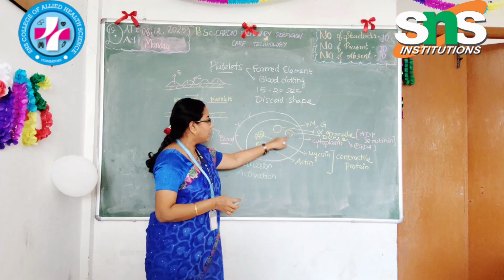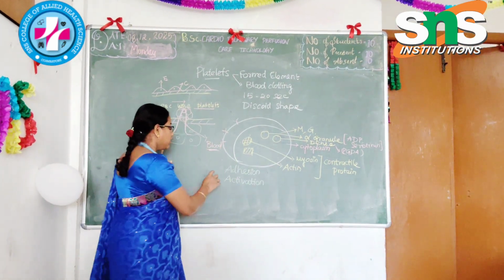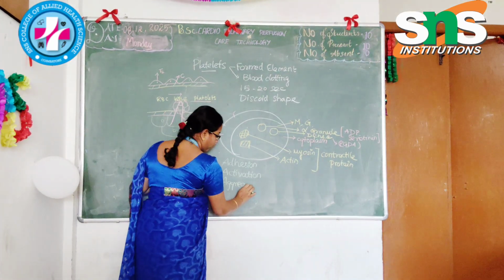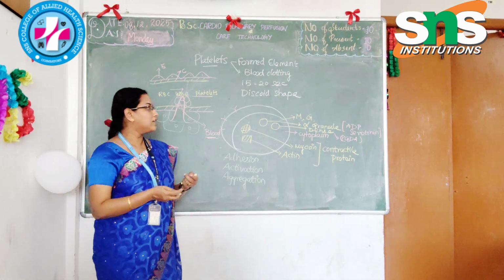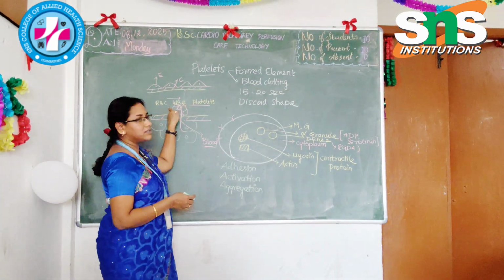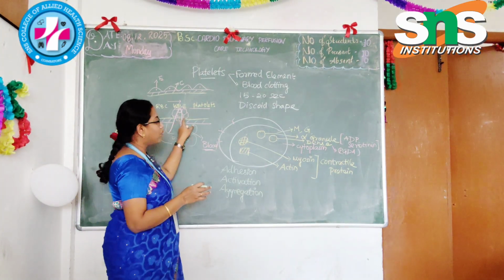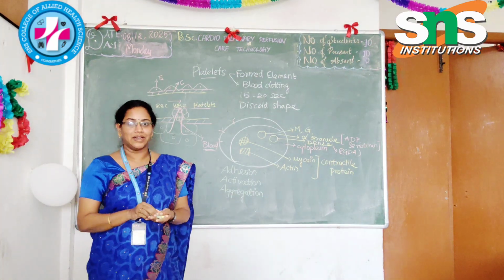That means the granules will start releasing their contents into the blood. Next is aggregation. This is a single platelet. It will start activating the adjacent platelets also. So many platelets will clump together and form a plug. All this will happen within 15 to 20 seconds.